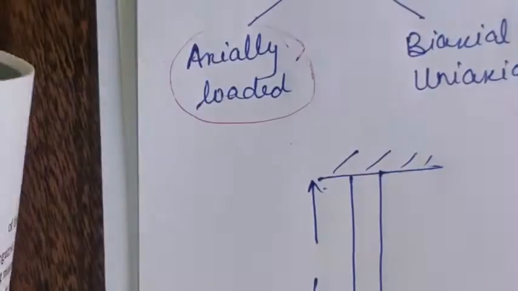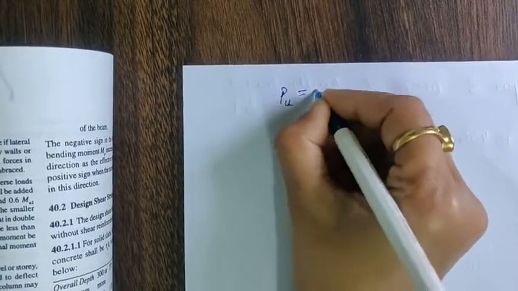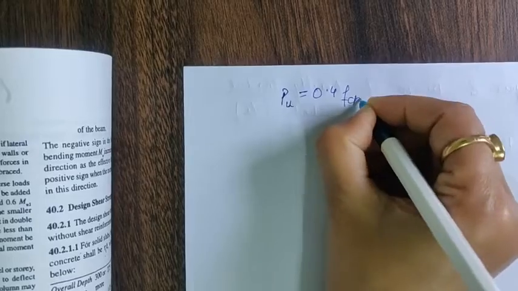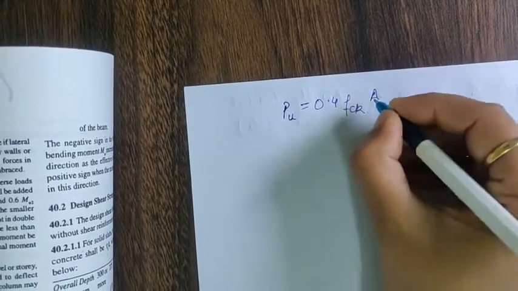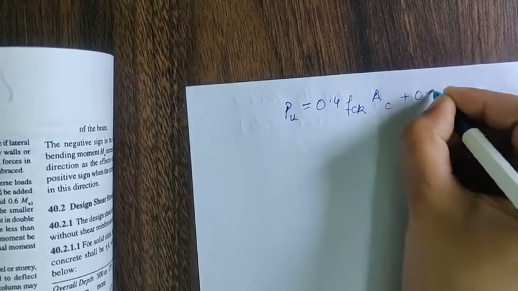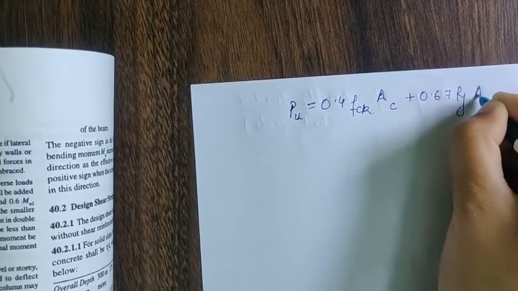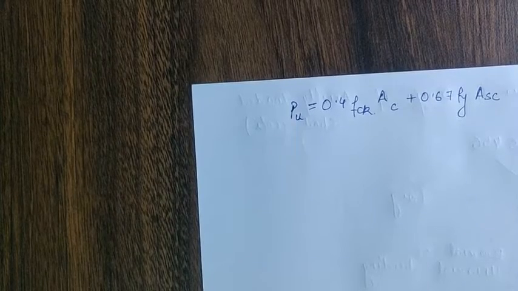So in the axially loaded short columns, the ultimate capacity of a column, Pu, will be taken as 0.4 fck Ac plus 0.67 fy Asc. Where what does each and every term mean?